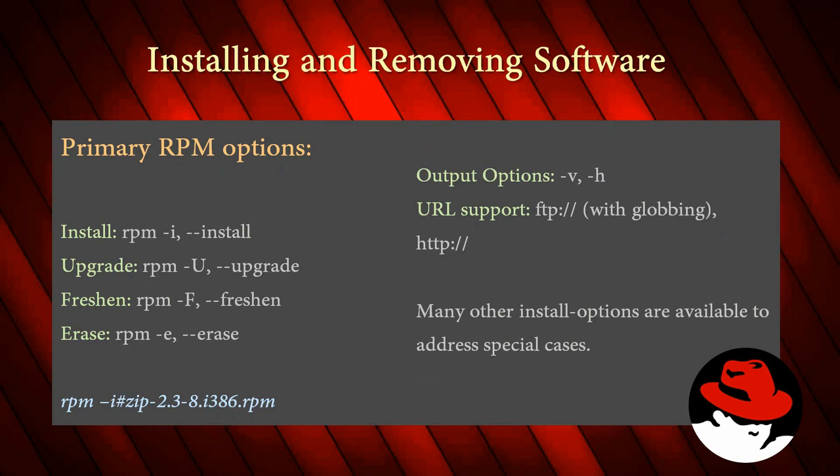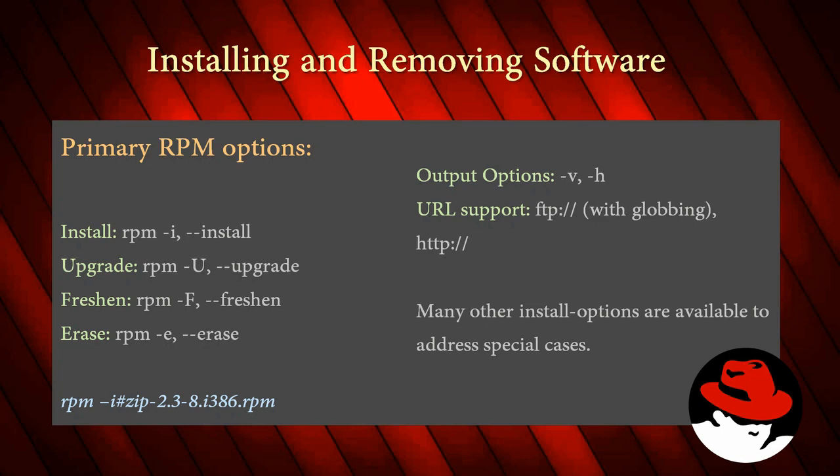To upgrade a system or utility, you could use rpm -U. To update to a fresh version of a tool, you could write rpm -F, which freshens your system, removes the earlier version, and installs the new version. You can similarly erase a package with rpm -e.